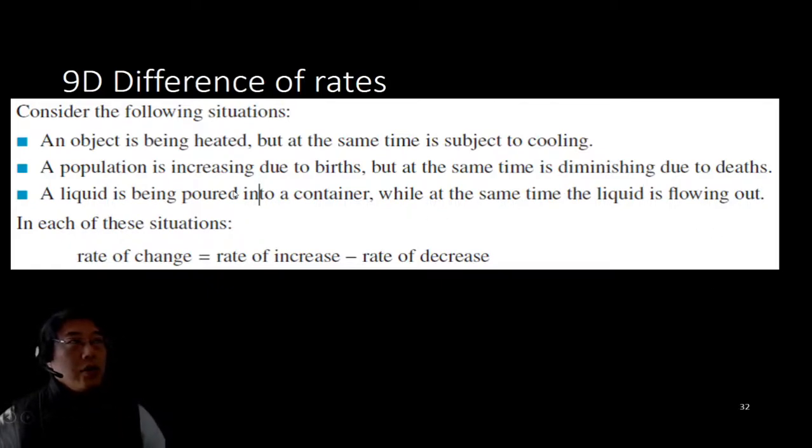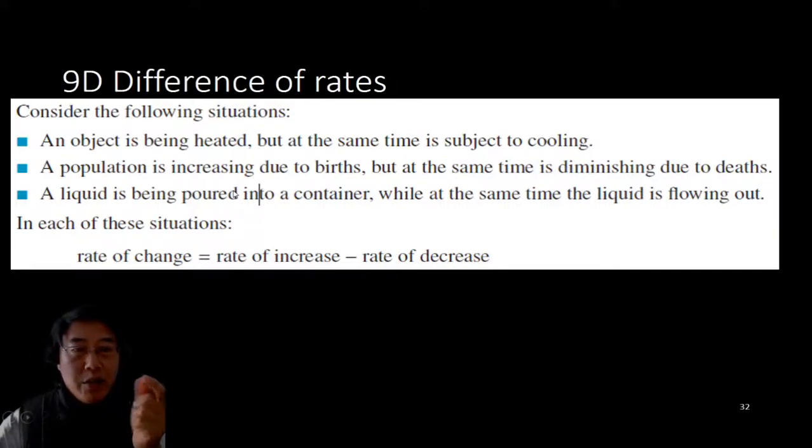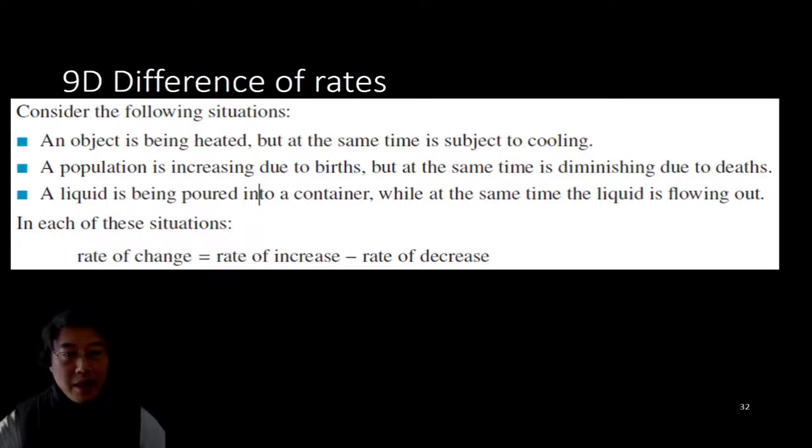Now, the rate of change can be subject to not just the environment. When you had the rate of cooling, it's just cooling down, and it's subject to only one factor. You can have a situation when you have two opposing rates of change.